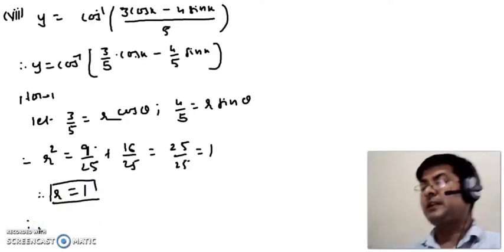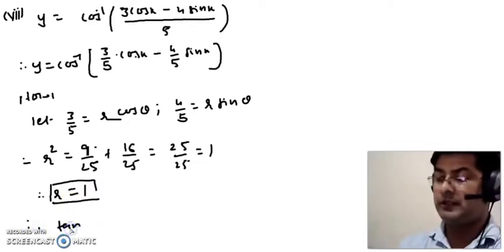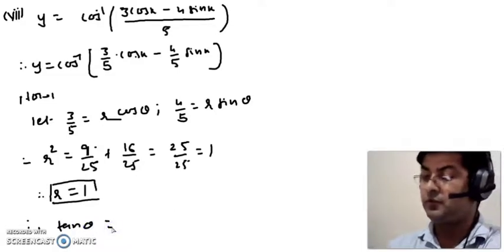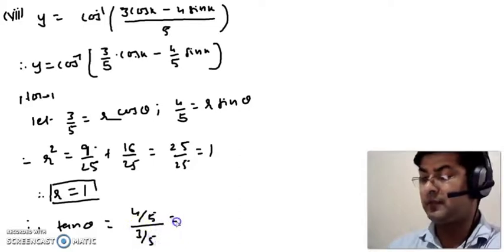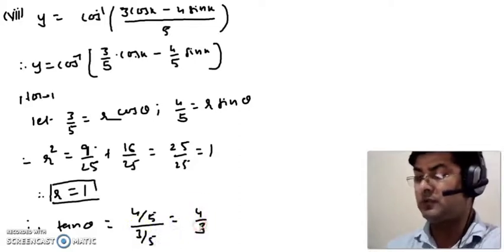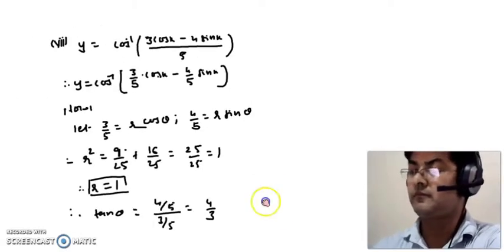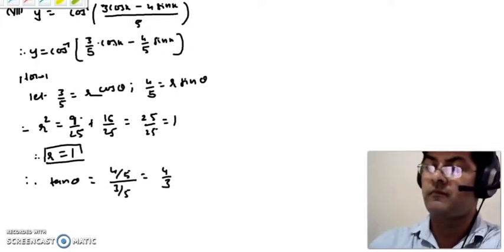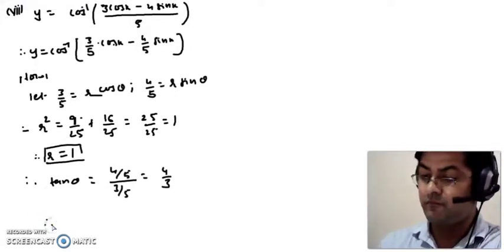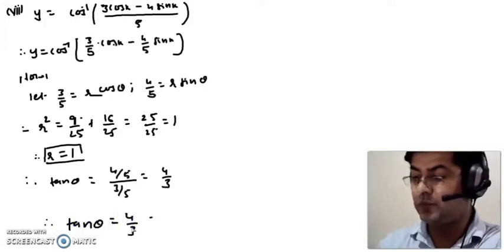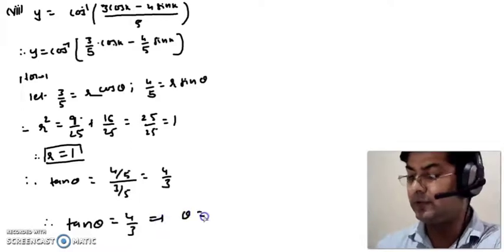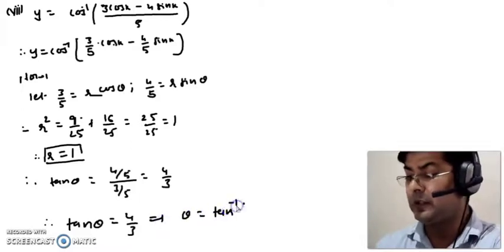Again r sin upon r cos, so we have tan theta which is equals to 4 by 5 upon 3 by 5 is equals to 4 upon 3, and therefore tan theta is equals to 4 upon 3, and therefore theta will be equal to tan inverse 4 by 3.